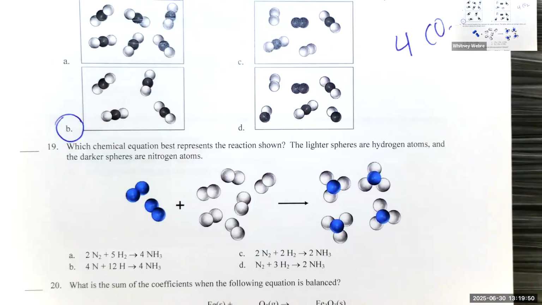Which chemical equation best represents the reaction shown? The lighter spheres are hydrogen and the darker spheres are nitrogen. Now I'll go do this one.